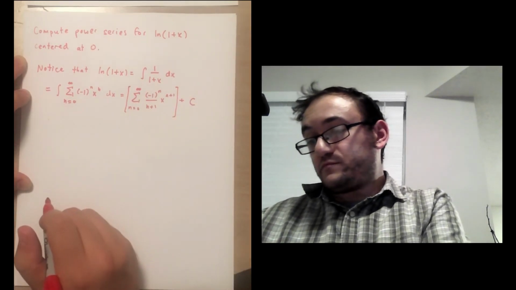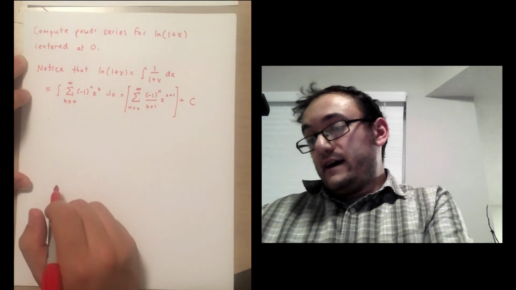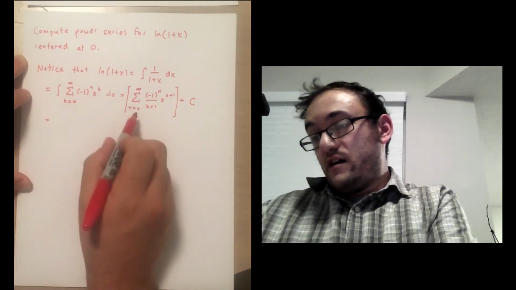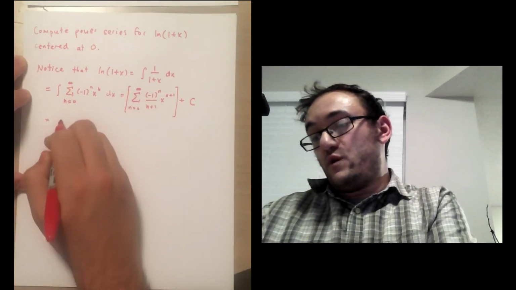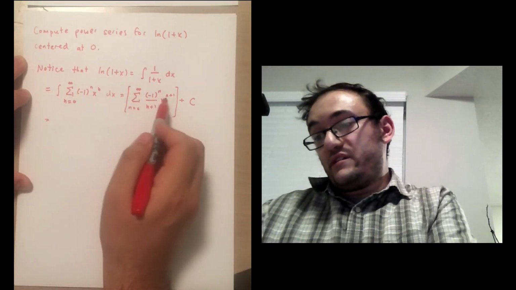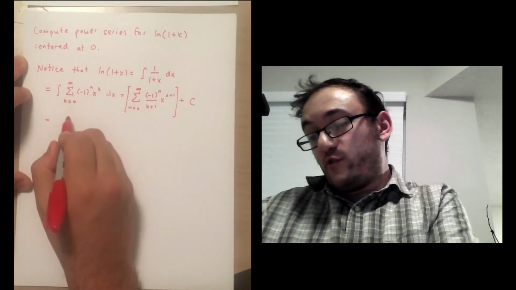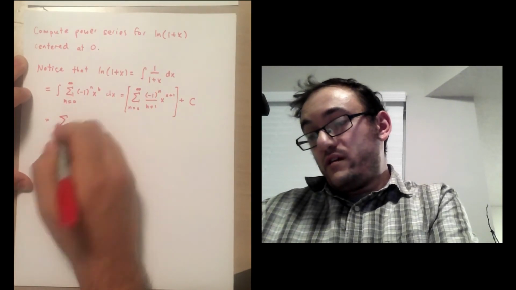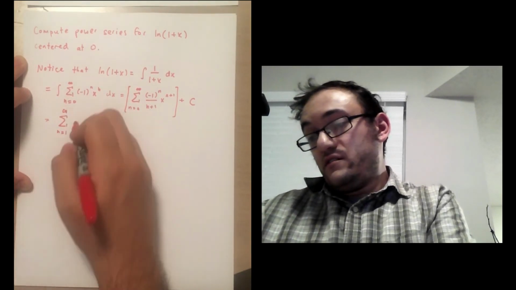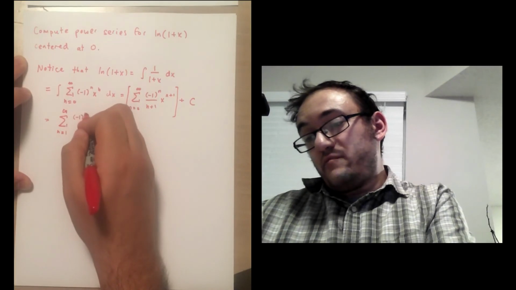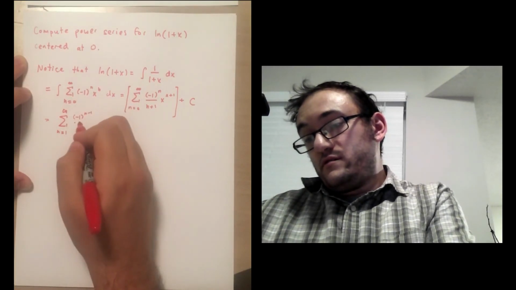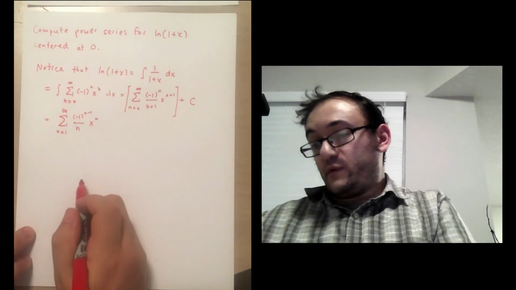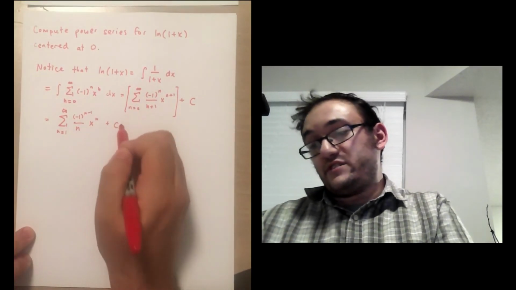Okay? We can shift this series up so that we're starting at n equals 1, so that we can just have x to the n, and it looks a little more normal. Then we'll get the sum from n equals 1 to infinity of (minus 1 to the n minus 1) divided by n times x to the n. Okay, and then I still have that constant of integration.